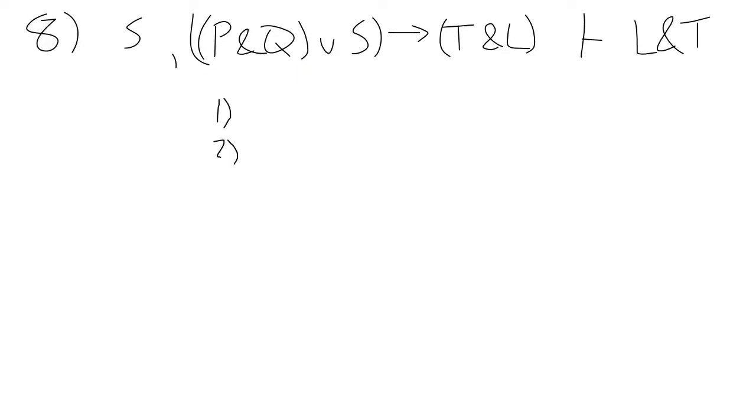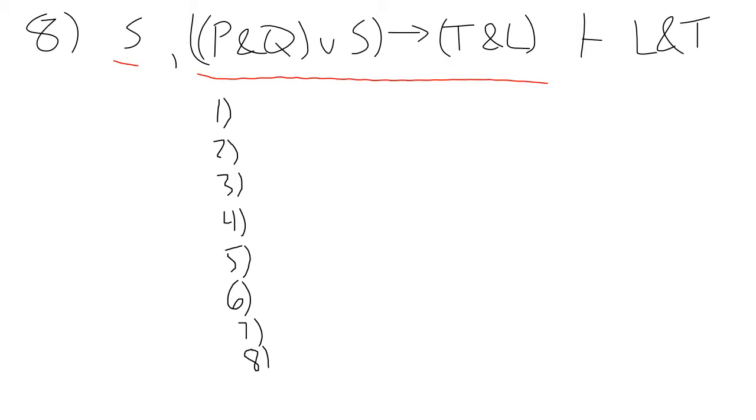Now looking at 8, it looks like we have 2 premises here. We've got S, and then this conditional statement, right? S, assumption, and then P and Q or S, arrow, T and L, 2.